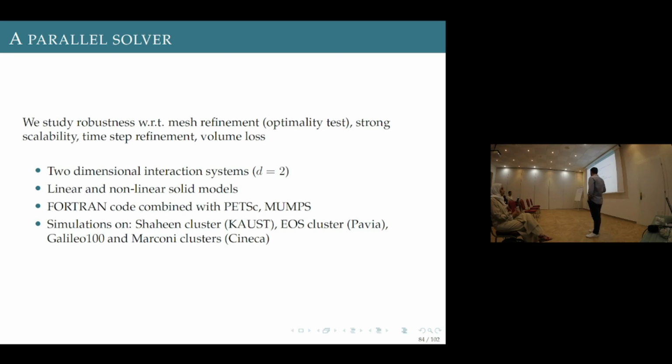We studied basically two-dimensional fluid-structure interaction systems, and we consider both linear and non-linear solid models. And we designed a Fortran code combined with PETSc and MUMPS, and we ran the simulations on the Shaheen cluster at KAUST, the Newton cluster in Pavia, and Galileo and Marconi at Cineca.